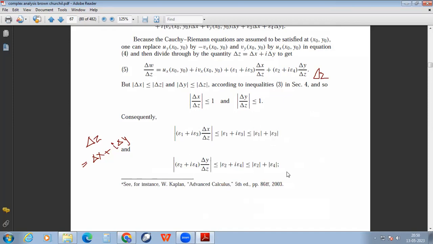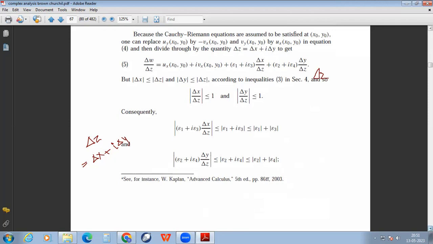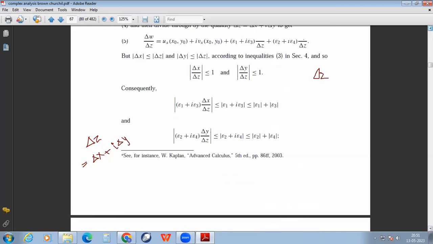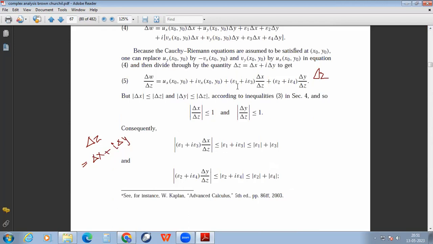So ultimately where we come to, this part is less or equal. In your notebooks we have solved it very rightly. This part actually goes to 0, and ultimately this incremental ratio, when I put the limit to this, it becomes this particular.